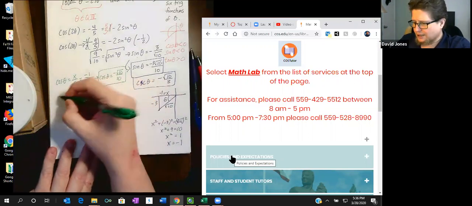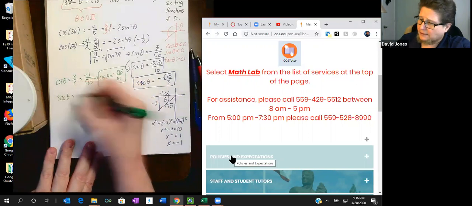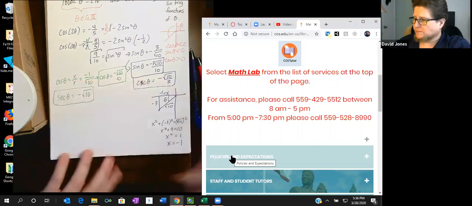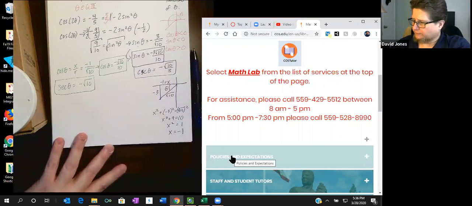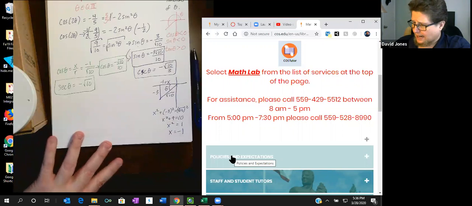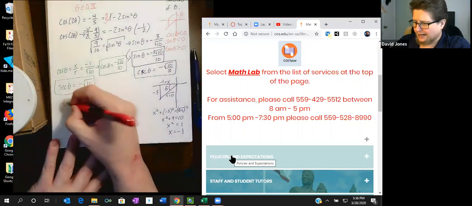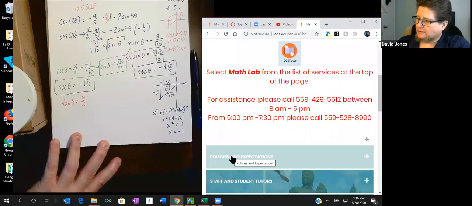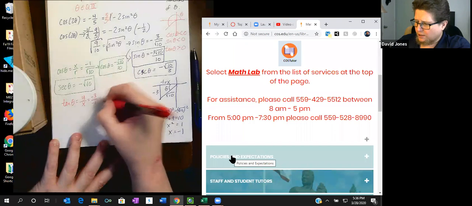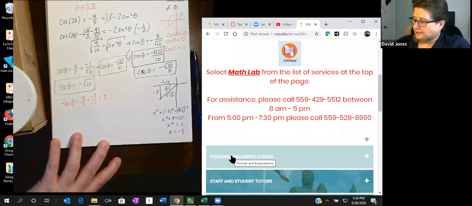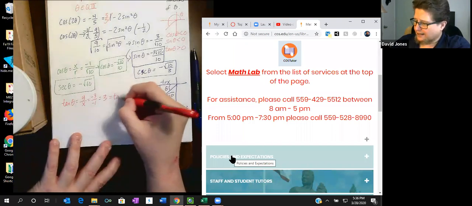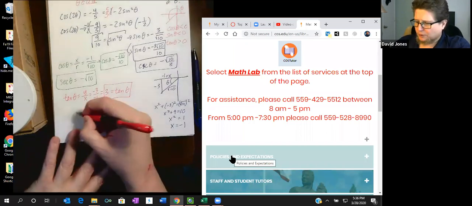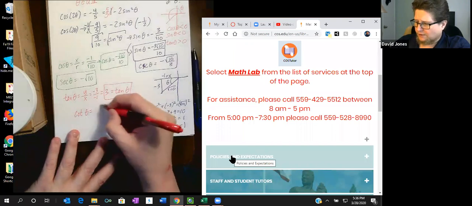We can do secant theta just by flipping that one over. This is -√10. And tangent theta is y over x. -3 over -1 is +3. That's tangent theta. And of course, the reciprocal is cotangent theta, 1/3.